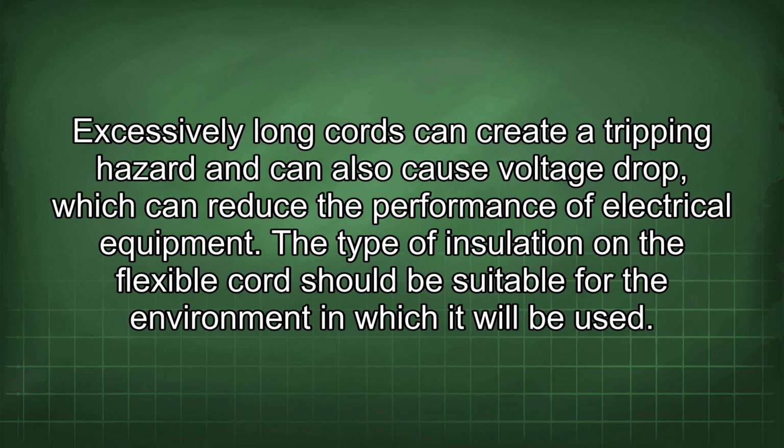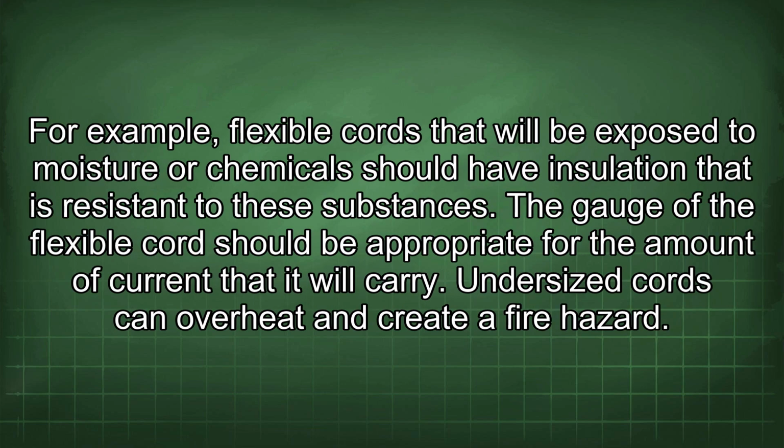The type of insulation on a flexible cord should be suitable for the environment in which it will be used. For example, flexible cords that will be exposed to moisture or chemicals should have insulation that is resistant to these substances. The gauge of the flexible cord should be appropriate for the amount of current that it will carry. Undersized cords can overheat and create a fire hazard.